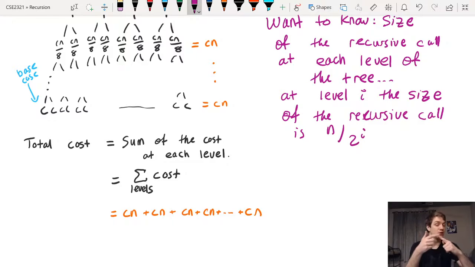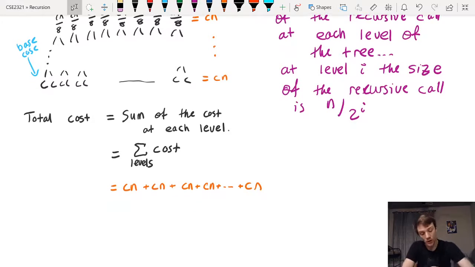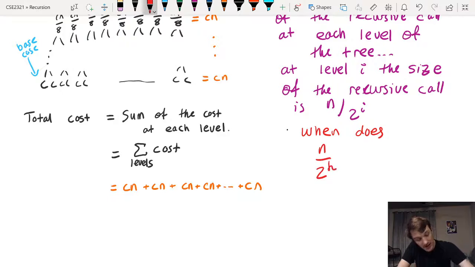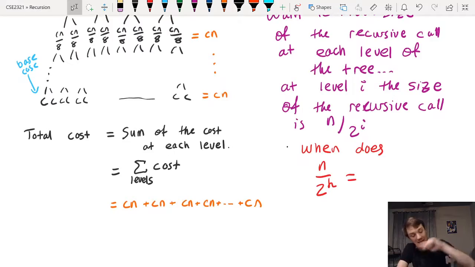It's n over 2, n over 4, n over 8, n over 16, a bunch of n over powers of 2. So, if we wanted to know how long it takes to terminate, we'd want to solve when n over 2 to the h, for the height of the tree, and I'm going to use h instead of i, equals the base case. Because that's when we finally end this division.